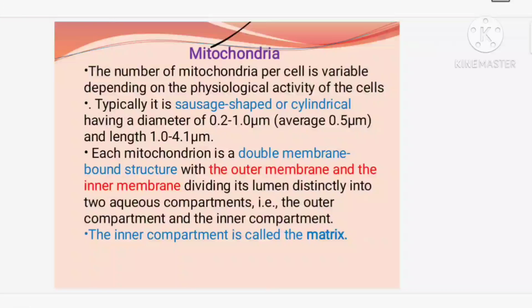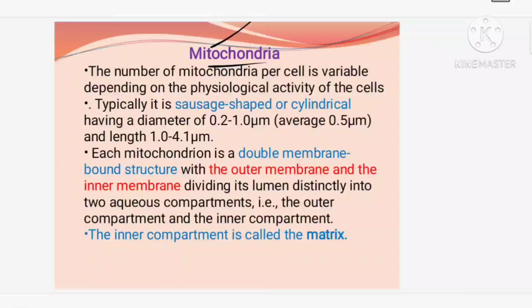They are called the powerhouse of the cell, because in the mitochondria the aerobic respiration takes place and they release a huge amount of energy, which is needed for carrying out all our activities. That's why mitochondria is called the powerhouse of the cell. Energy is generated in the mitochondria.